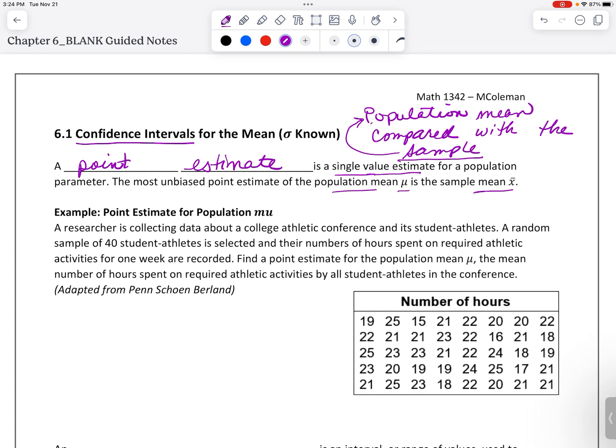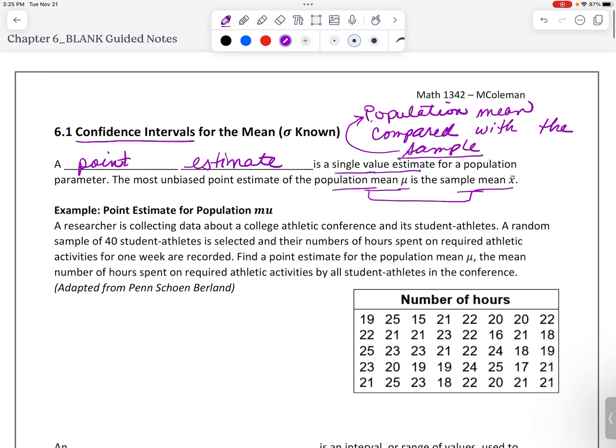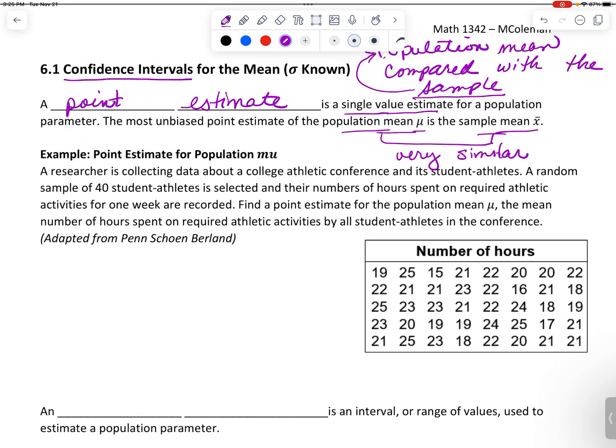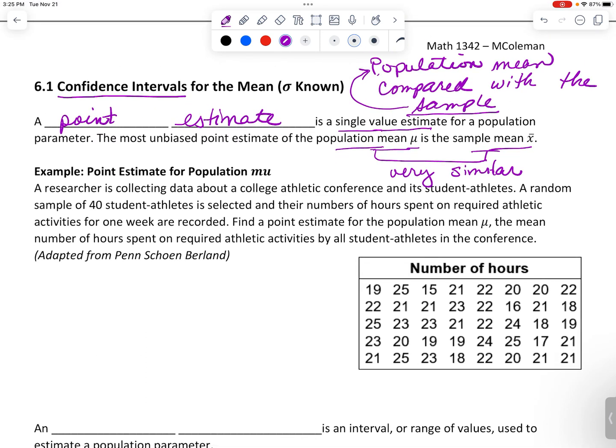So again, we're trying to get the population and the sample to be very indicative of each other. So we want these to be very similar. And how confident are we that what we're looking at really does give us something we can do more with?